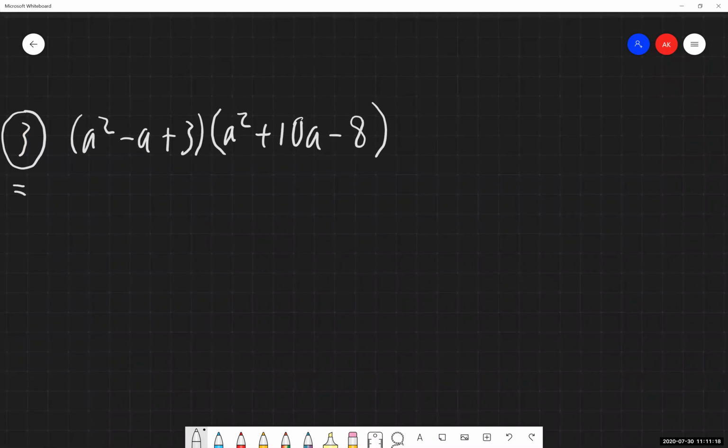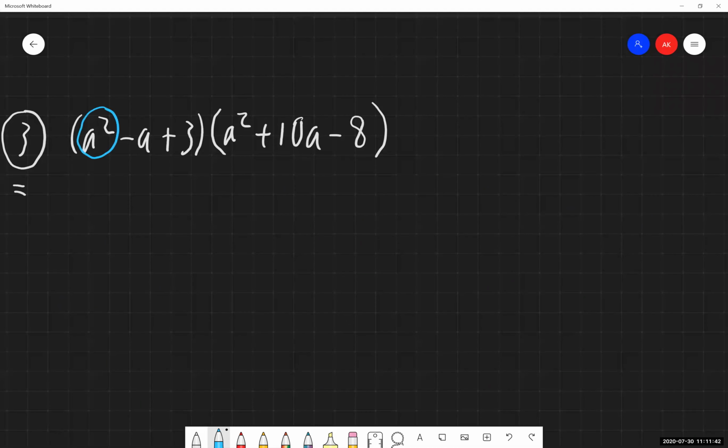All right, so now we have a trinomial times a trinomial. And our process is going to be the exact same as what we did with our previous examples, except now we're just going to be doing more steps with it. So we're going to distribute the first term from the first polynomial through to every term in the second polynomial.